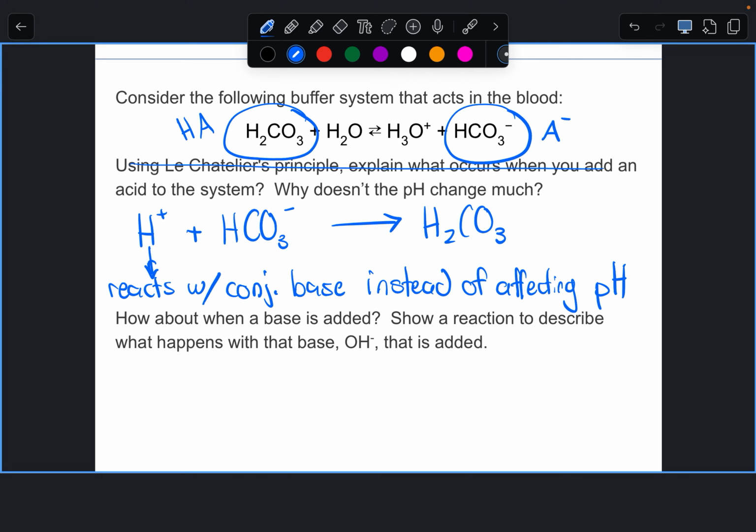that shows up in the solution so that it won't mess the pH up too much. Okay? When a base gets added, it will react with the weak acid. So to represent the strong base, we're just going to do OH minus. It's going to react with the weak acid, H2CO3, and form the conjugate base, HCO3 minus.